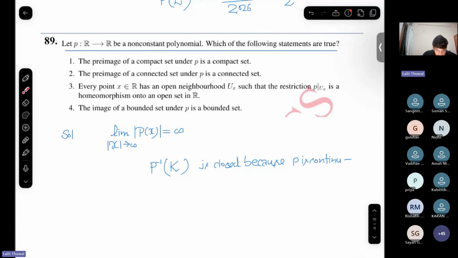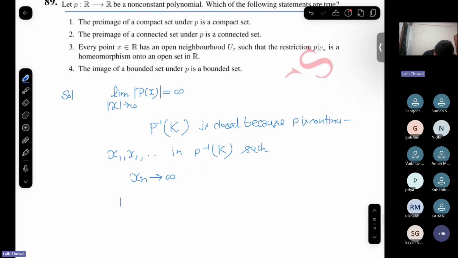Yes or no? So how? Let me tell you, suppose that it is unbounded. There is a sequence x1, x2, dot dot dot in P inverse K such that xn tends to infinity.